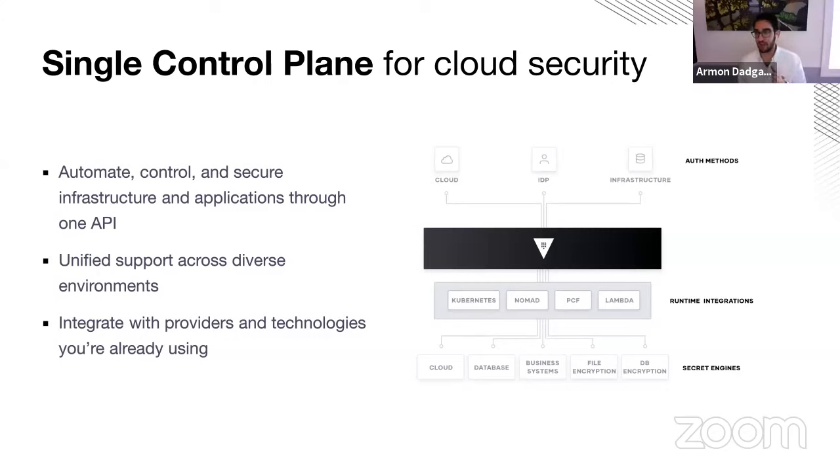It doesn't matter if I'm giving access to a MySQL database or an Oracle database or an Amazon IAM key that lets me read and write from S3. I can do all of that in a common way based on a common set of identity. So I don't need to have many different access paths, some for databases, some for message queues, some for cloud providers. It ends up being that Vault can act as a single control plane for all of these different endpoints that we're accessing.